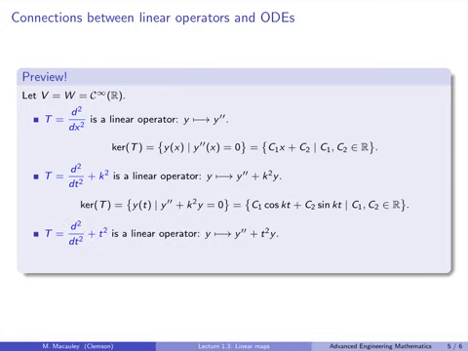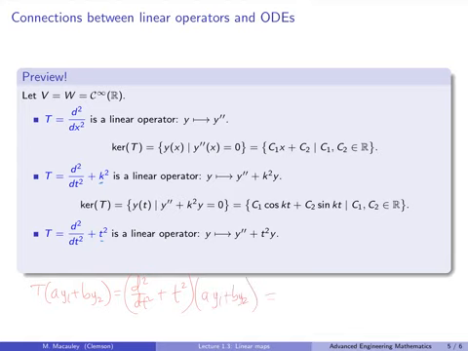One more example. Consider the differential operator, same one as above, but this k squared is now a t squared. So you should look at t and think, well, this is not a linear function. But this is still a linear operator, because you can do the same thing that we just did to check that t times a y1 plus b y2, which is d squared over dt squared plus t squared times a y1 plus b y2.